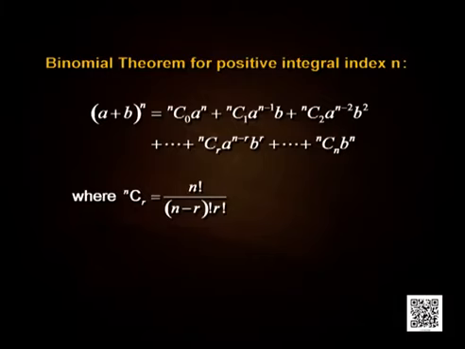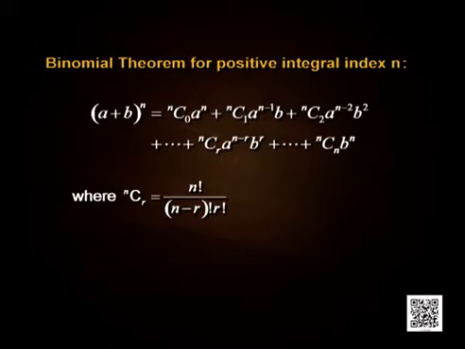So, right now we are going to talk about (a + b)^n, where n is a positive integer, and therefore, the result says that whatever that n is, as long as it is a positive integer, (a + b)^n can be written as nC0 a^n + nC1 a^(n-1) b + nC2 a^(n-2) b^2 plus so on. We will come back to the general term in r in a while, but how did we get that nCr a^(n-r) b^r?